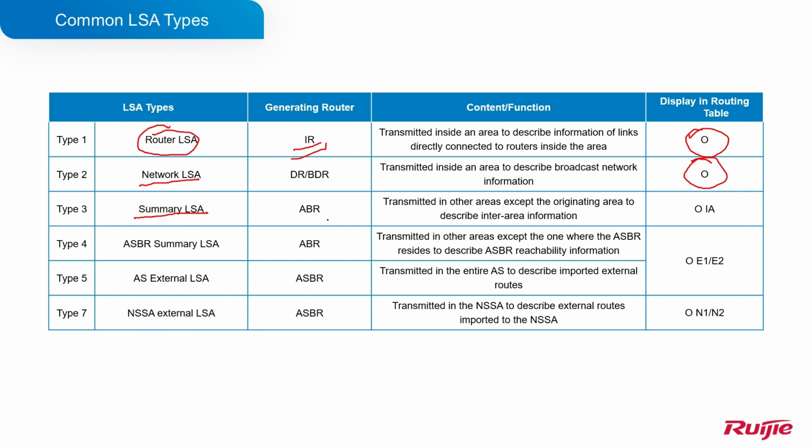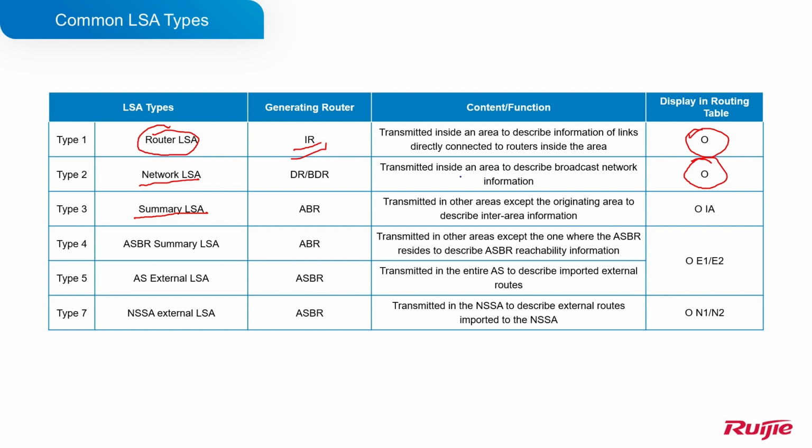For different areas, if we want to transmit the LSA information, we use type 3. So type 3 describes the inter-area information. For area 1 to transmit LSA information to area 0, we use type 3. And for area 0 to transmit to area 2, we also use type 3 LSA information.